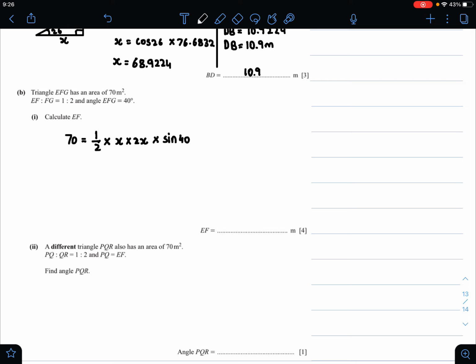So we can take half to the other side, so it becomes 70 multiplied by 2, which is 140 meters square, which is equal to x multiplied by 2x, which is 2x square. Now instead of writing 140, actually we can cancel out the 2 and the 2, so we'll be left with 70 is equal to x square multiplied by sine 40. So x square will be equal to 70 divided by sine 40.